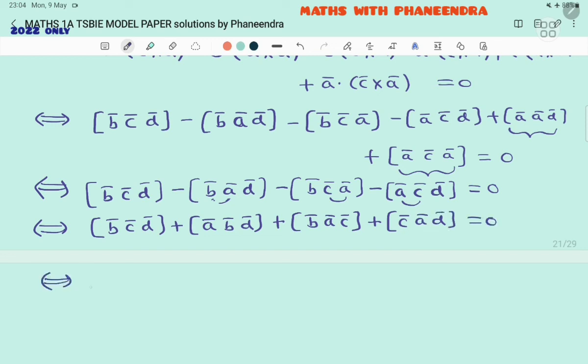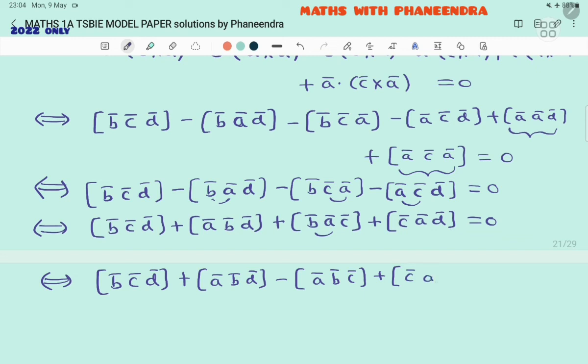In the next step, box of BCD, next plus box of ABD. Next, if you interchange these two, minus will come. Minus box of A bar, B bar, C bar, plus no change at all. Here CAD only it will be. Box of C bar, A bar, D bar. So, this minus value we can take this side.